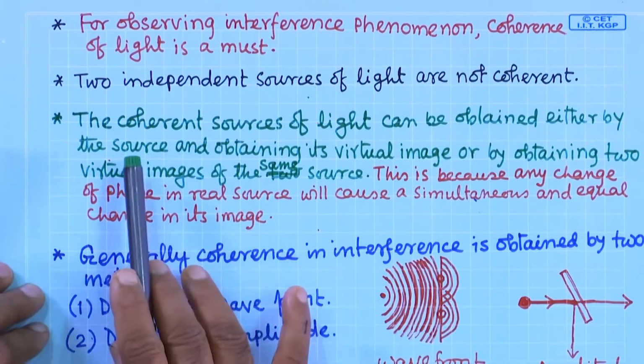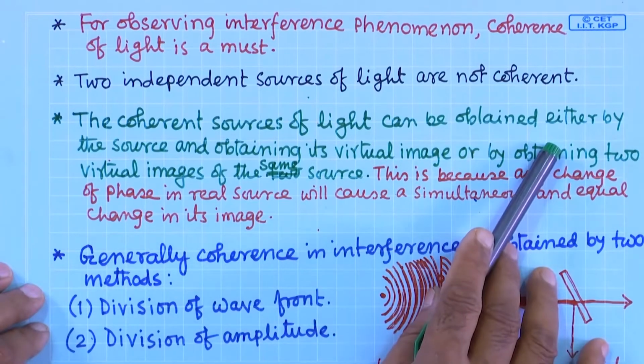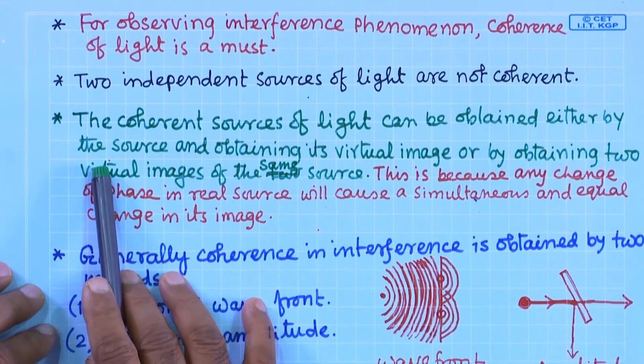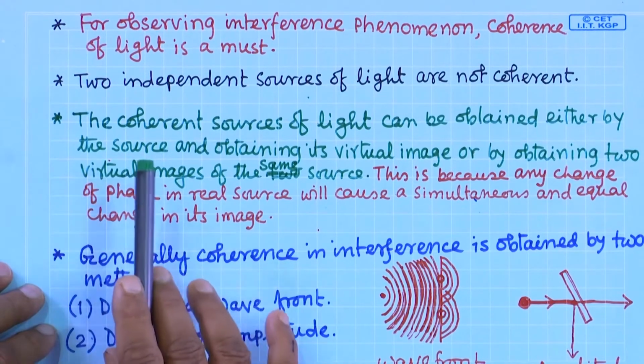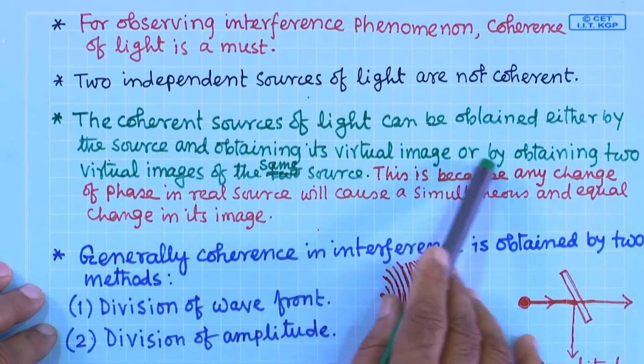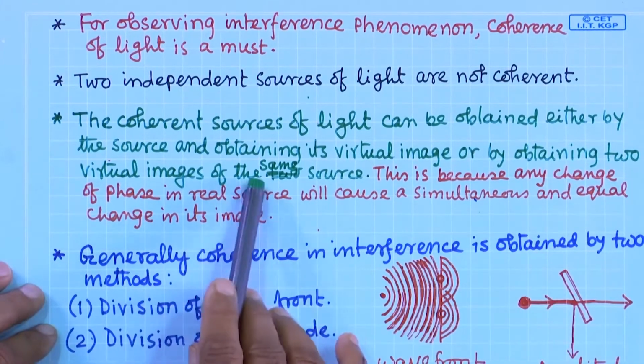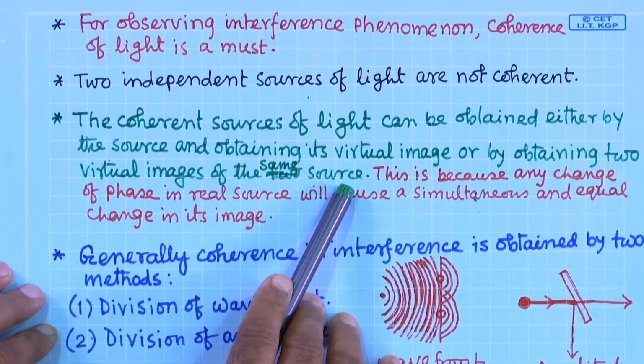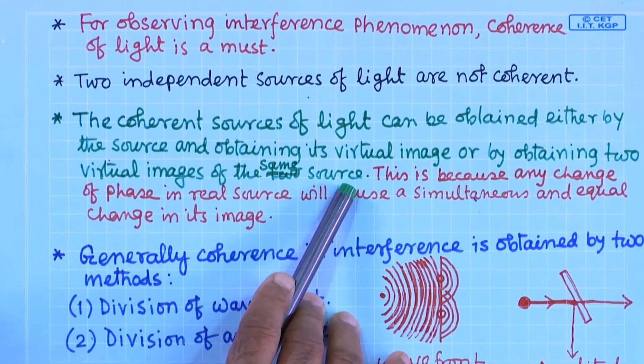Okay. So, the coherent source of light can be obtained either by taking the source and obtaining its virtual image, or by obtaining two virtual images of the same source. Okay. So, we cannot take two different sources, we have to generate another source from the same source.